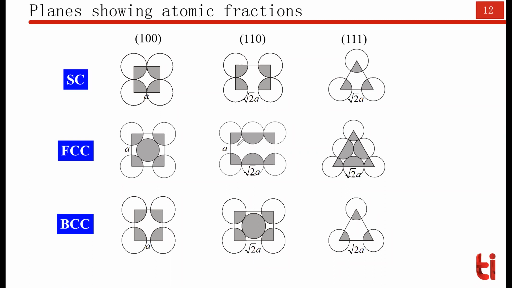So overall contribution to the plane, 1 from the corner and 1 from the face, making it to be 2 atoms. And area of the plane is, its height is a and its base length is √2a. So my total area is √2a square. So 2 upon √2a square is my planar density for FCC.